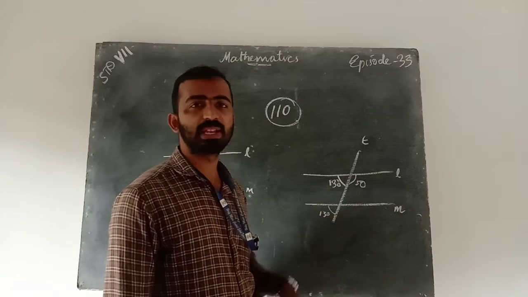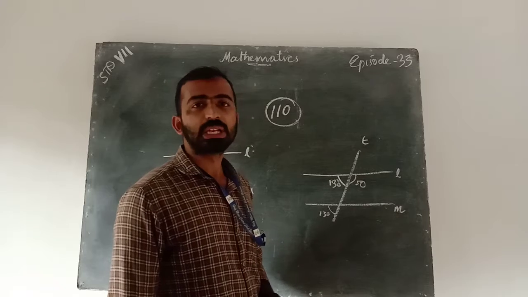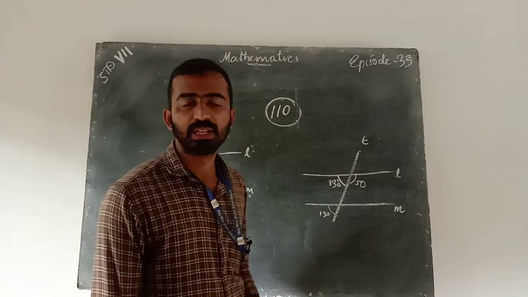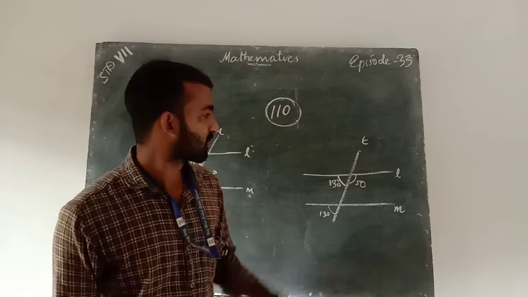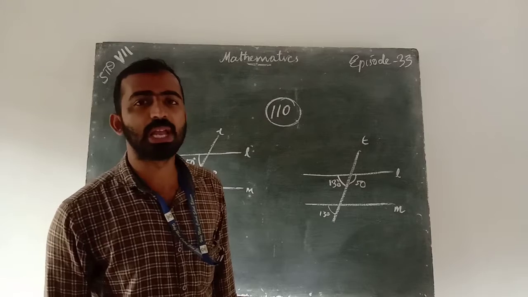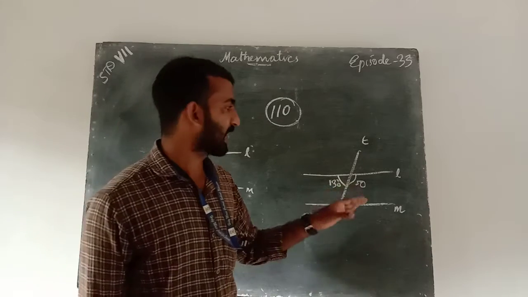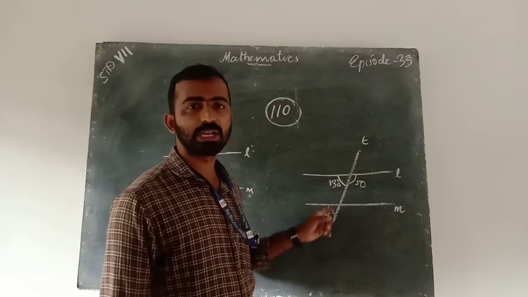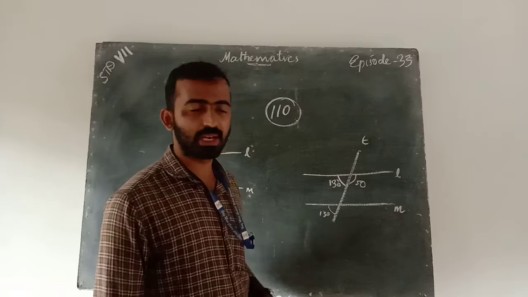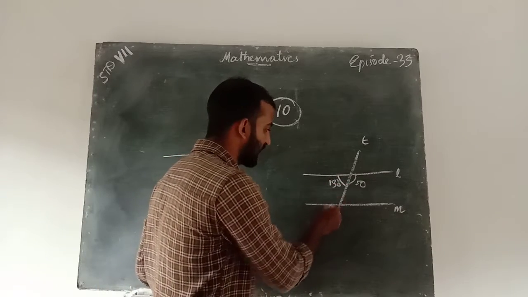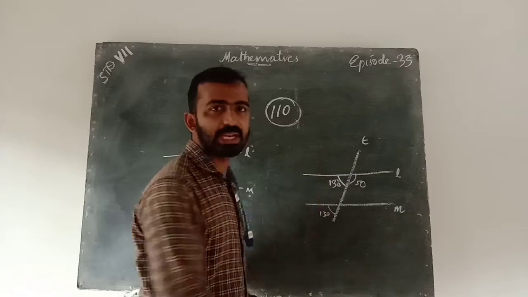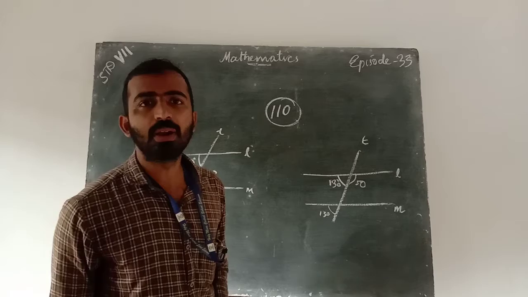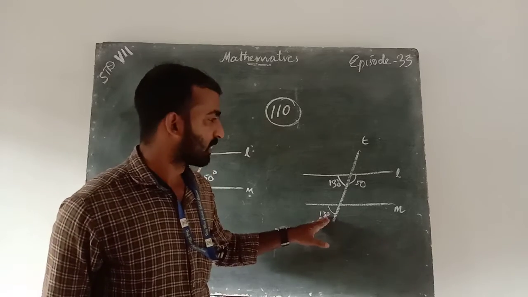That is 180 minus 50, we get 130 degrees. Considering these two angles, the corresponding angles are equal. So these are parallel lines. L is parallel to M and T is the transversal, because the corresponding angles are the same. So we can say L is parallel to M.